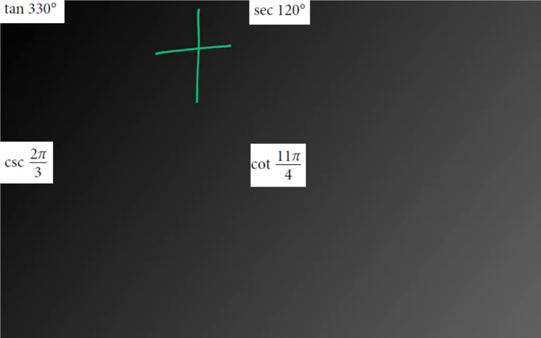So first, I think about what quadrant I'm in, right? So 330 is going to be way over here, right? That's going to be a 30 degree angle in there. That's my reference angle. You always make it with the x-axis.